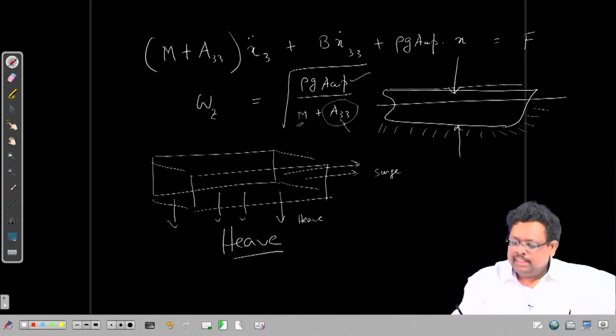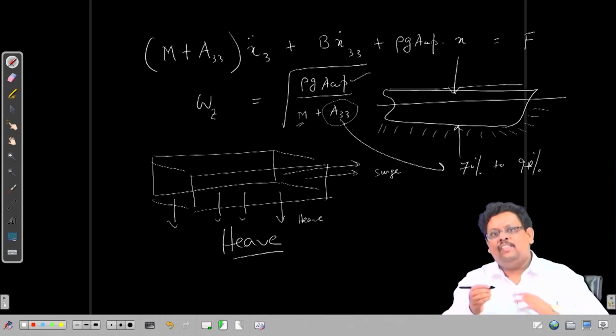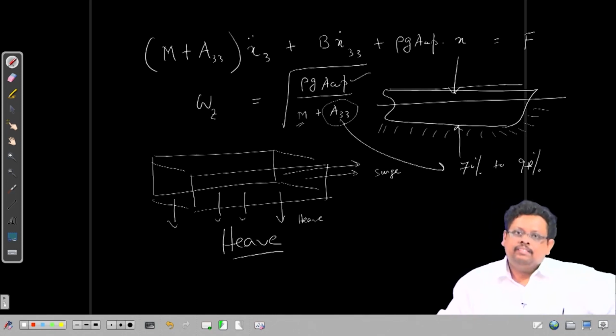So in A33 we normally approximate some 70% to 90% of the mass of the body. This is how you can approximate the added mass of the body, fine.